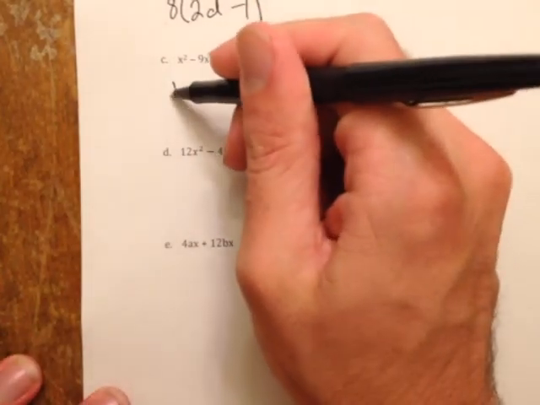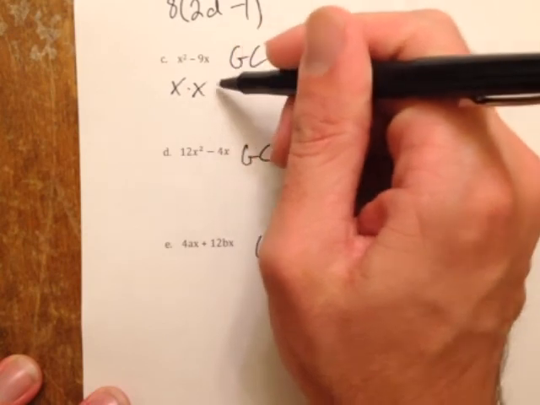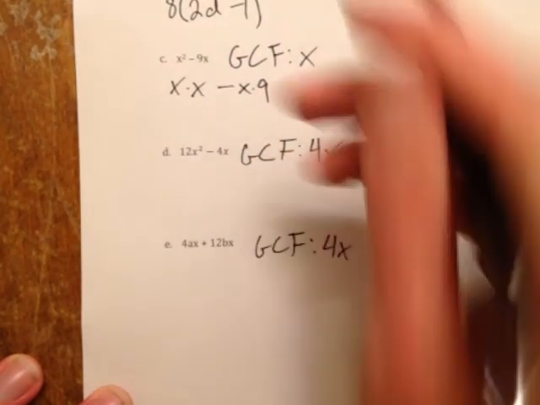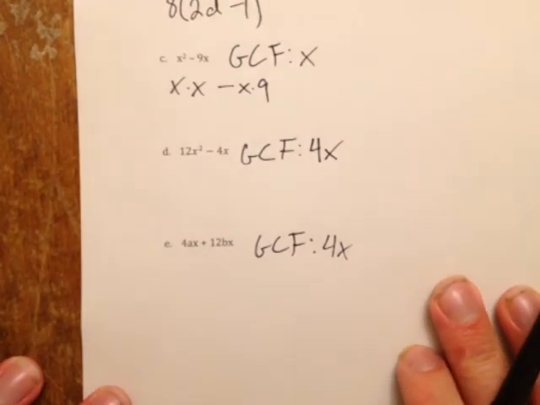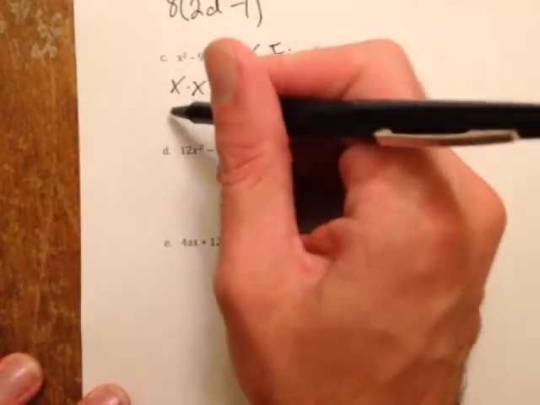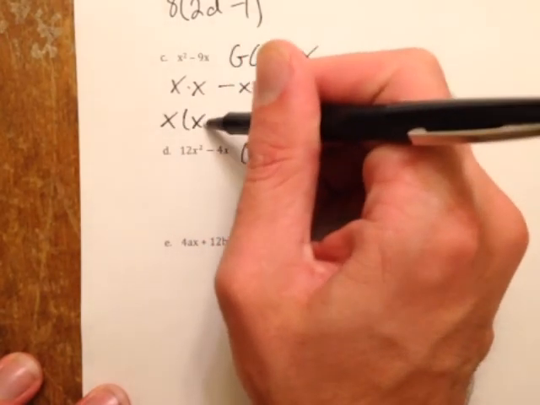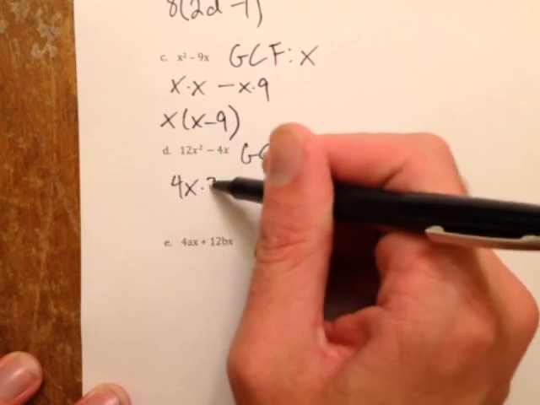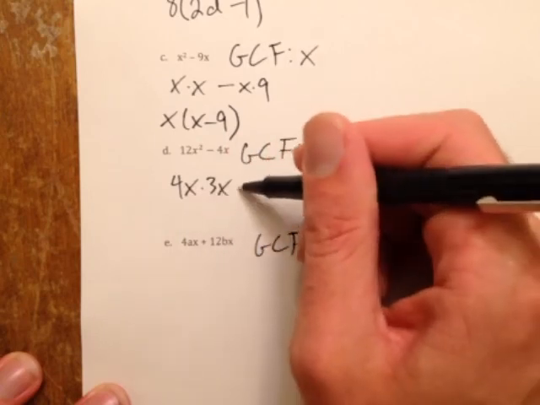Okay, again, rewrite as GCF times something. So this one, x times x is x squared, minus x times 9 is 9x. Then do distributive property in reverse. This one I can do 4x times 3x is 12x squared.